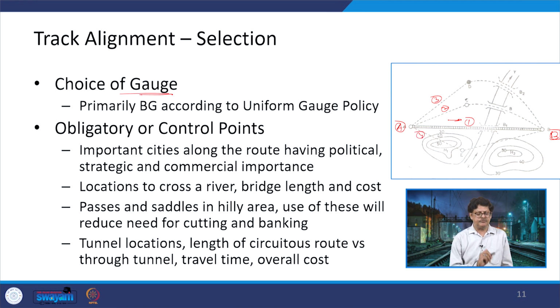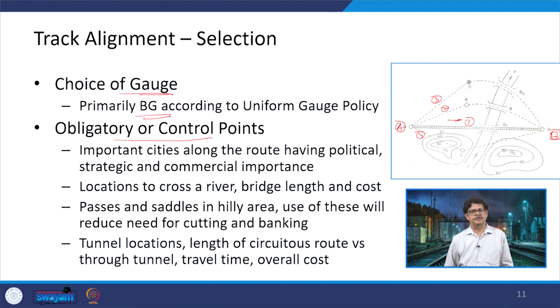The very first thing we are talking about here is what type of gauge should be provided. We have already discussed the uniform gauge policy which came in the 90s, and there we took a decision for Indian Railways that broad gauge is going to be used. So, we should stick to that and use the broad gauge.